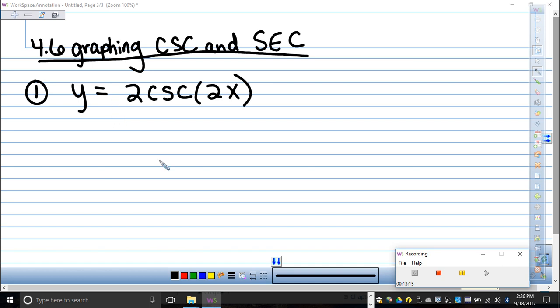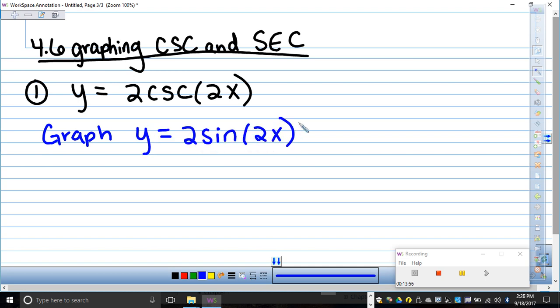All right, so because this function, cosecant, is related to sine, we are going to graph y equals 2 sine 2x first.